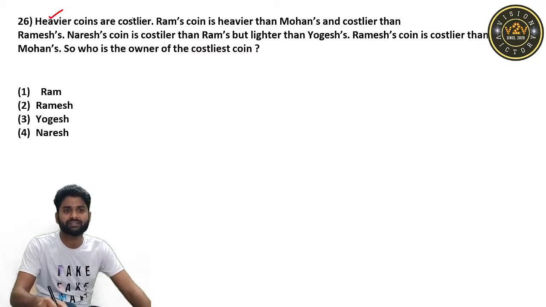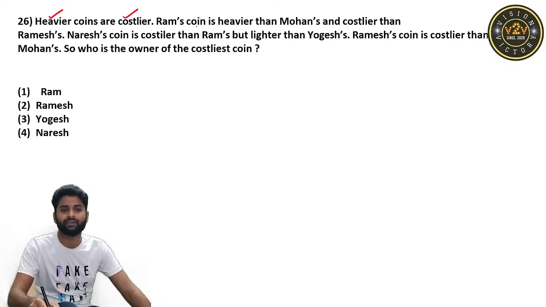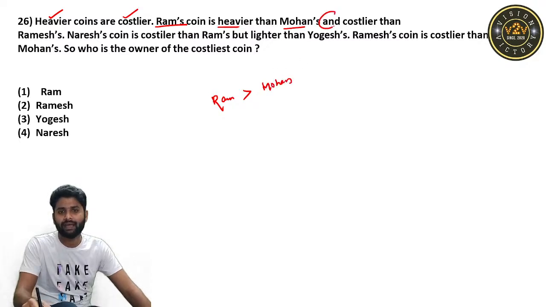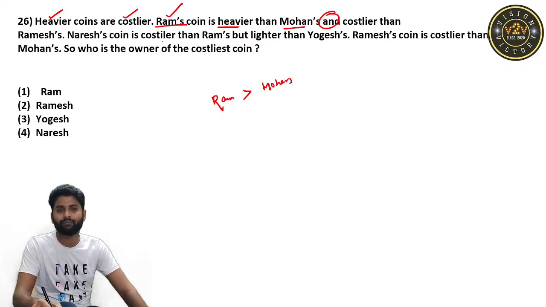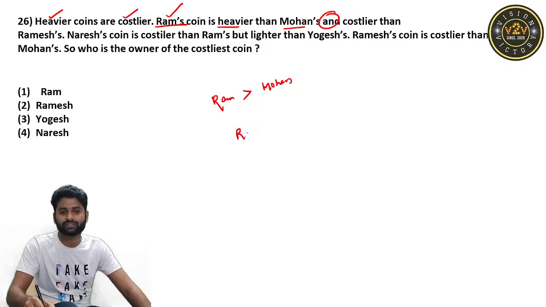Guys, they clearly mention that heavier coins are costlier. Ram's coin is heavier than Mohan's. And again they are talking about Ram: Ram is costlier than Ramesh.